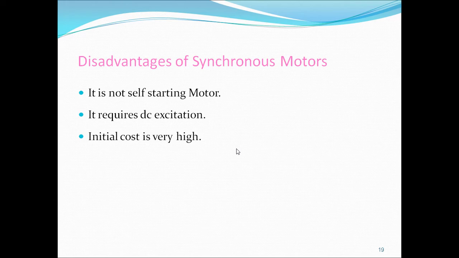Special manufacturing is required, and the initial cost is very high. The cost of this synchronous motor at the time of designing is high. Why? Because of all these factors it has to include, and it is not self-starting. We have to make some other alternate arrangement to make the motor self-starting.